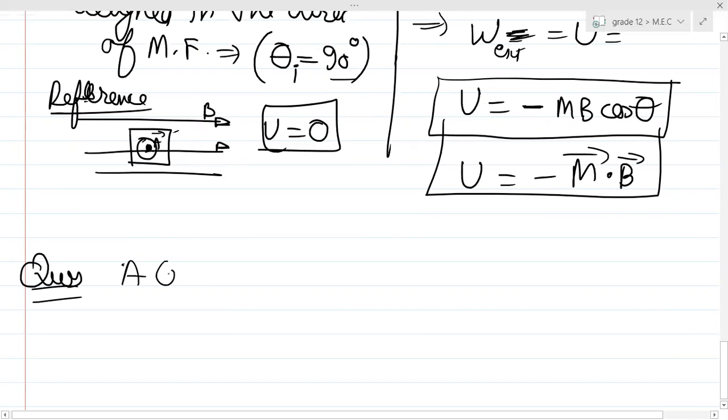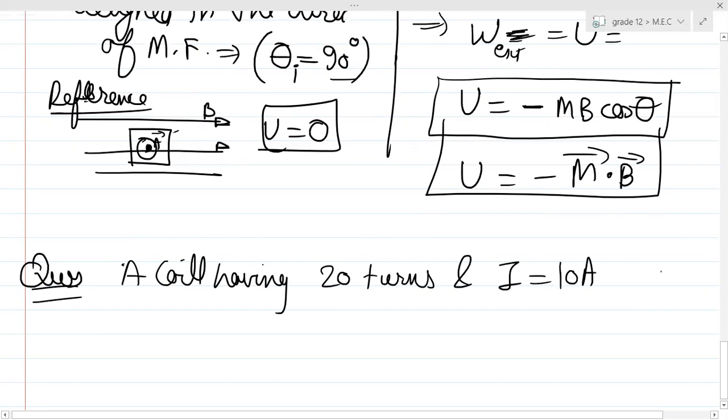A coil having 20 turns and current 10 ampere has the dimension.